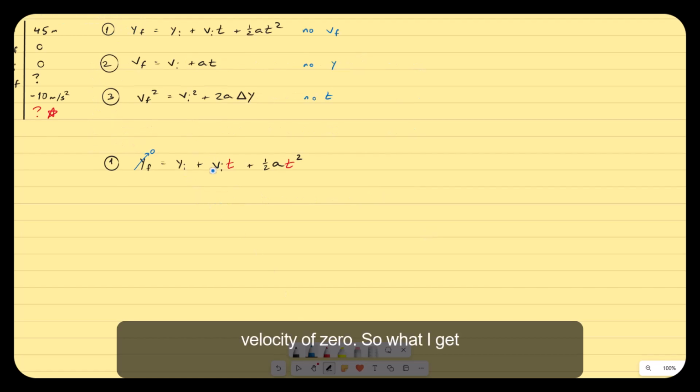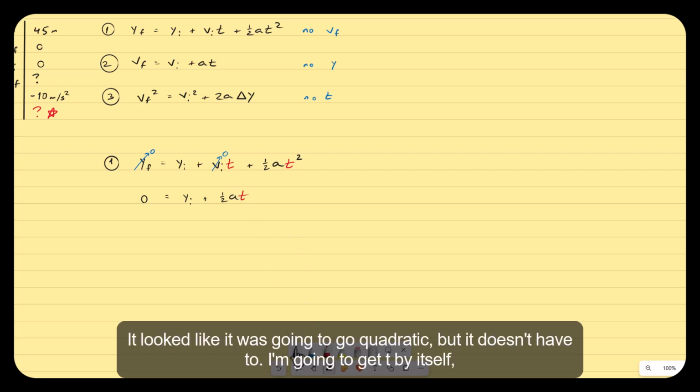I also have an initial velocity of 0. So what I get is 0 equals y initial plus half a t squared. It looked like it was going to go quadratic, but it doesn't have to.